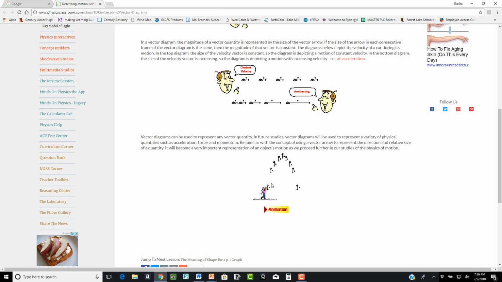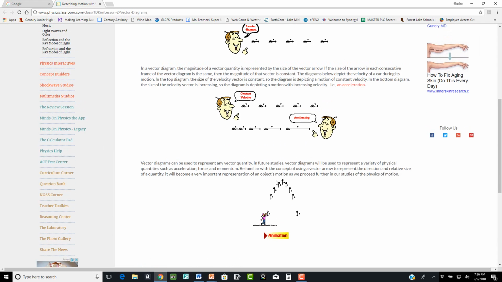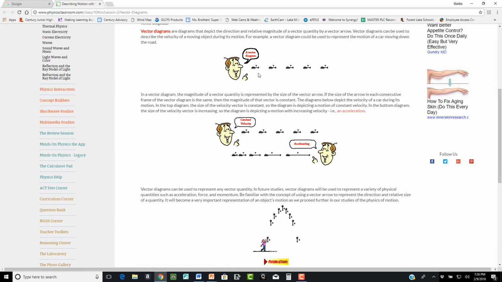As we throw the ball up, it goes up and then starts to slow down, and as a result the acceleration goes with it. So again, just a quick review so that we remember that vector diagrams have to do with the size and the magnitude of the arrow.